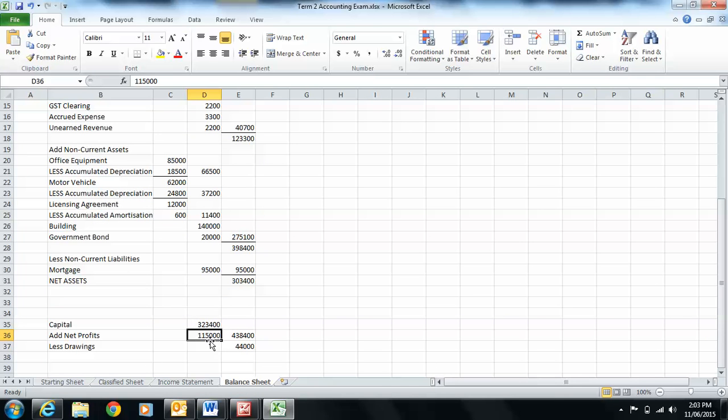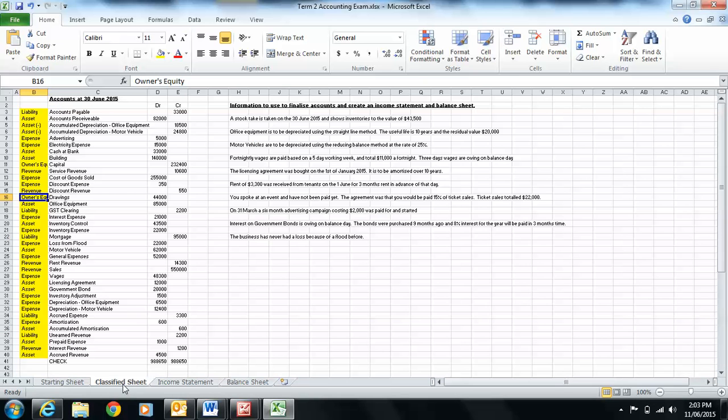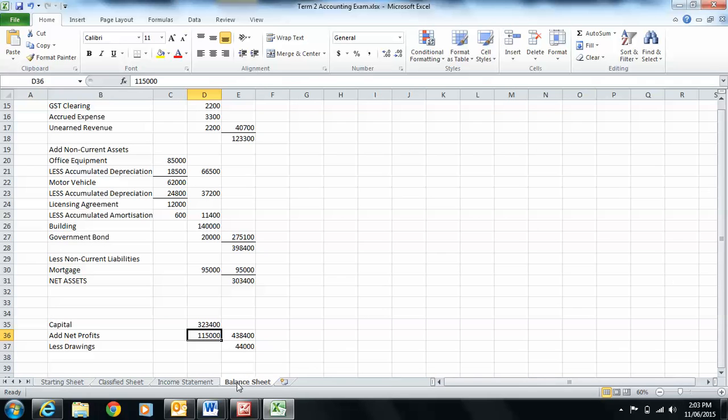Now, I'm just a little bit concerned because it doesn't look like it's going to balance. So the thing that would appear to be probably out is my capital. So if I just go back to my capital account and check that, it's actually 232,400. So I've just made a mistake transcribing it, 232,400. We then add our capital and our net profits.